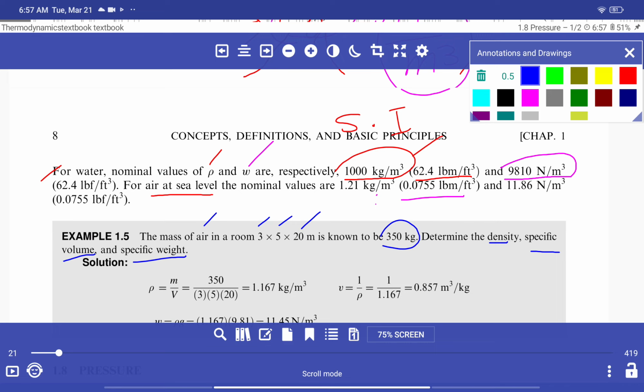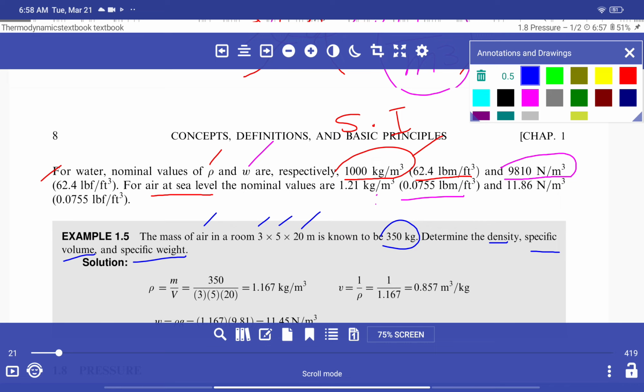There are three unknowns here that he wants you to determine: density, specific volume, and specific weight.